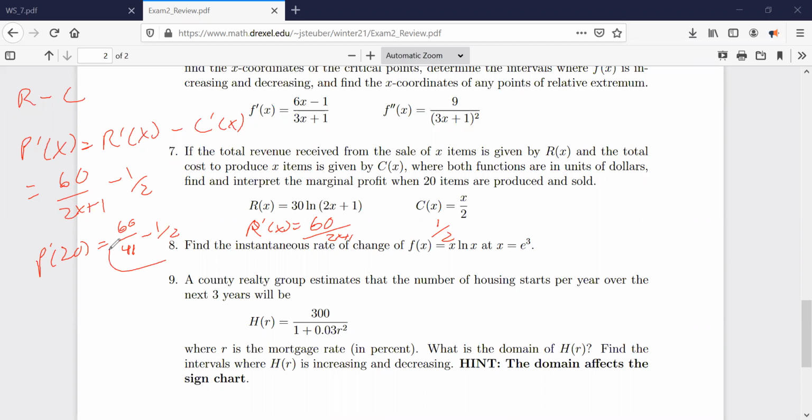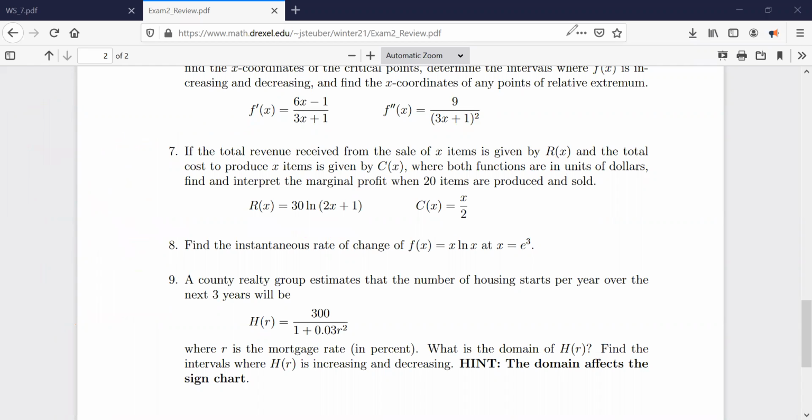That tells me this is roughly the local linear estimation for the profit that I get from producing one more item when I am at 20. If I want the exact value, I would have to do P of 21 minus P of 20, but this is a local linear approximation that says, based on the current slope of my profit function, this is how much I would expect to get for making one more item. Does that make sense?